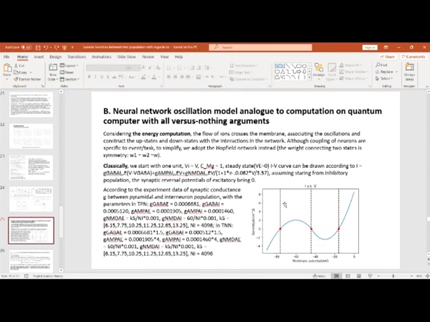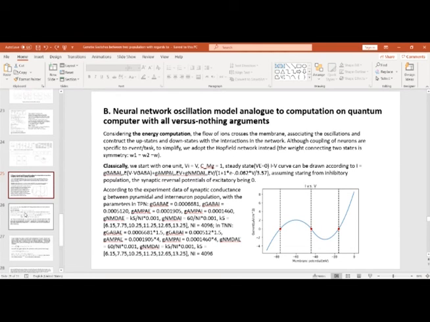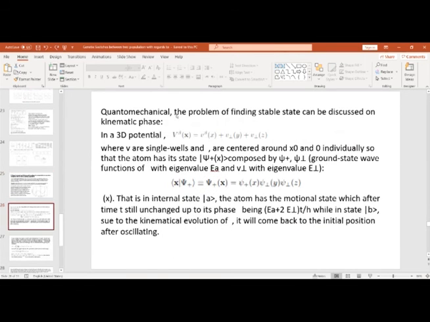For our neural model here are the results of the bi-state. Like I said, we find the stability, the stable points. And in quantum mechanics, here is how to express it, also with the eigenvalue.